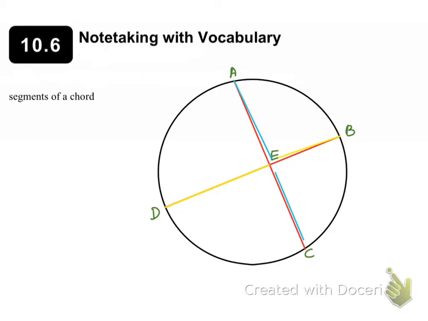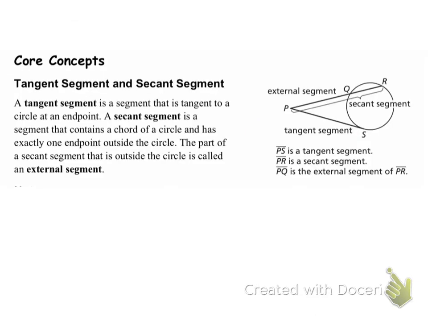So you have to basically look at the chord and its parts. Let's move to the next part. The next concept is about tangent segment and secant segment. We have done the chord segment, now we're going to talk about tangent segment. A tangent segment is just like the parts of the tangent. If you have a circle given here, the first one, PR, is actually a secant. PR is the secant and PS is the tangent.